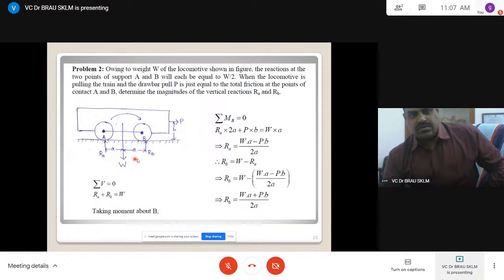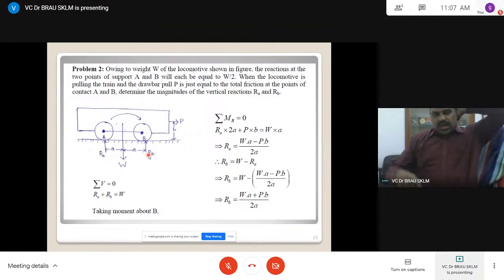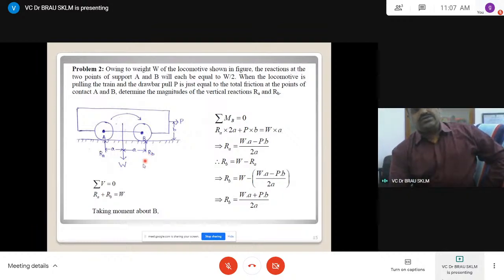Upward force is equal to downward force. Sum of the vertical is equal to 0: RA plus RB is equal to W. That is one equation.